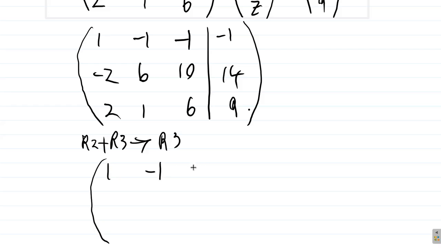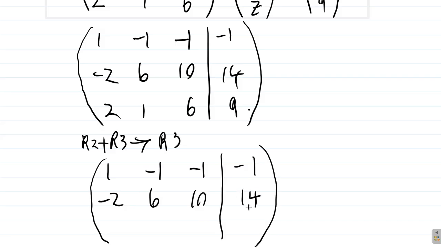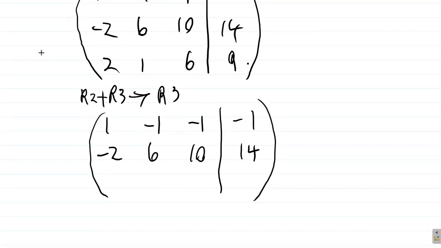Row 1 remains as it is. Row 2 also remains as it is. But for row 3, you add row 2 to row 3 to give you your new row 3. Negative 2 plus 2 is 0. 6 plus 1 is 7. 10 plus 6 is 16. 14 plus 9 is 23. Good, you have your 0 there.